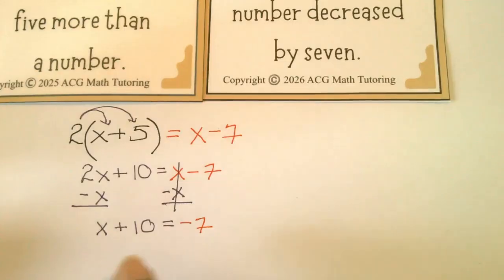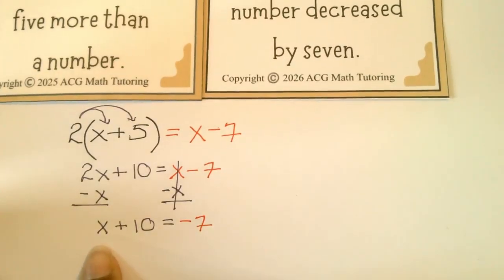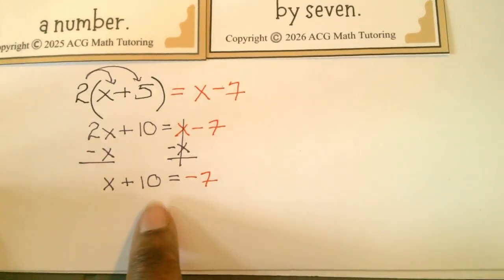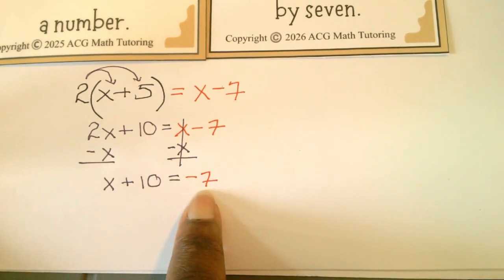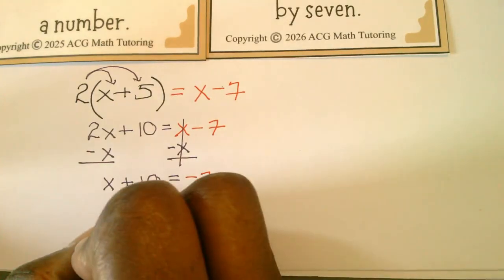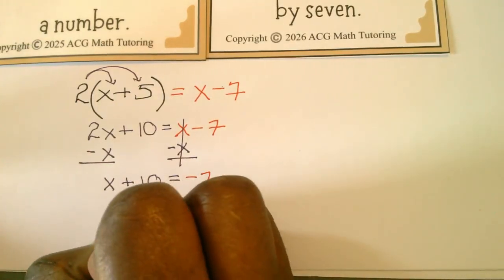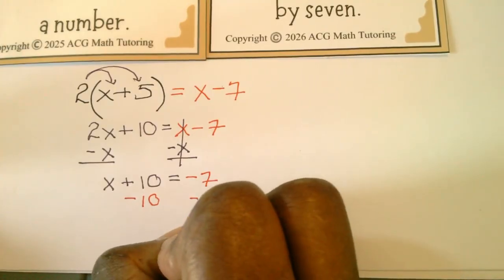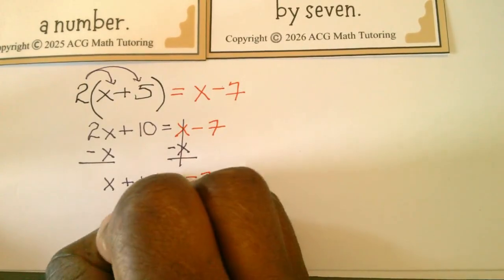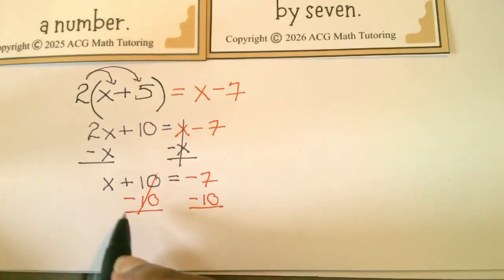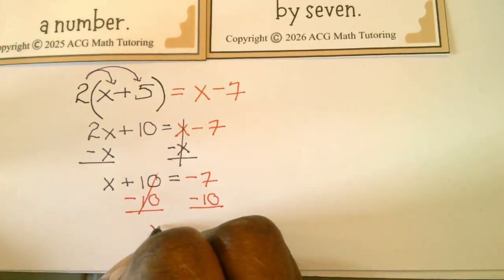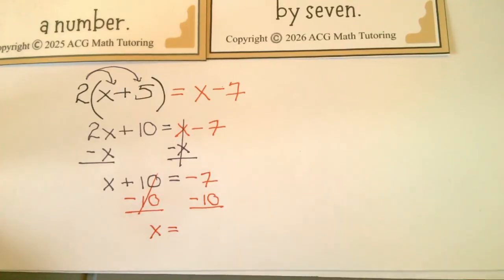If my x's are going to be here on the left-hand side, that means I need to move that positive 10 over to the right-hand side. So how do I move it? I subtract my 10. Okay. So then we'll have our x is equal to what?